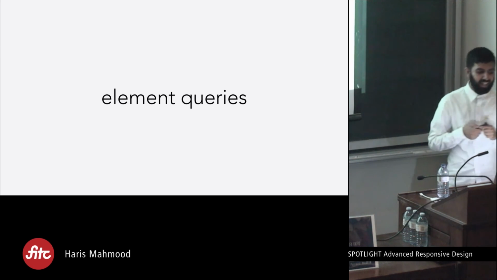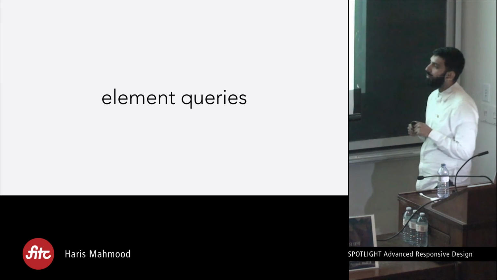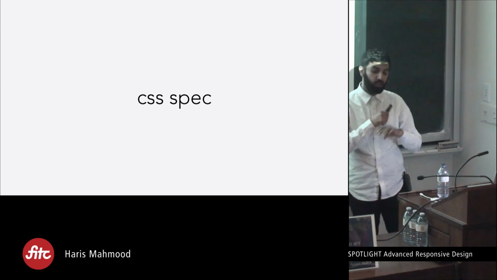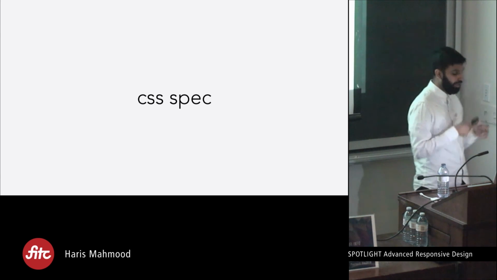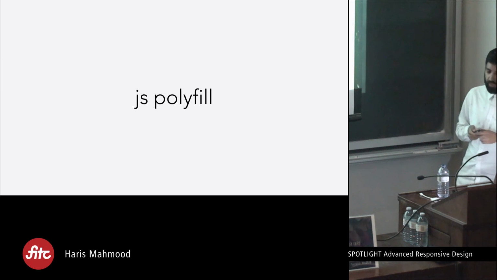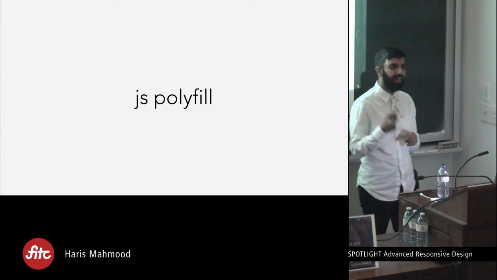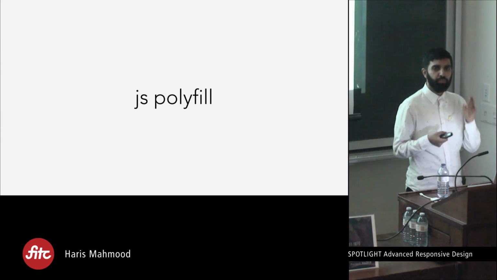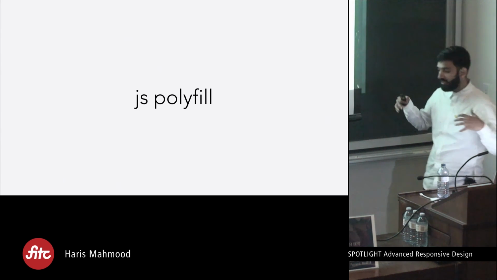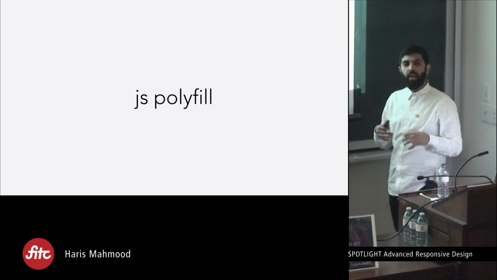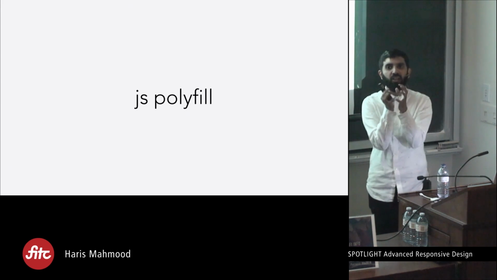There's also something called element queries, which is kind of in a CSS spec. There's still tons and tons of discussion being held around it, and there is a JavaScript polyfill for this right now. What it essentially is, you're writing CSS, but instead of saying @media to write CSS that responds to your viewport size, it responds to the size of the element itself.